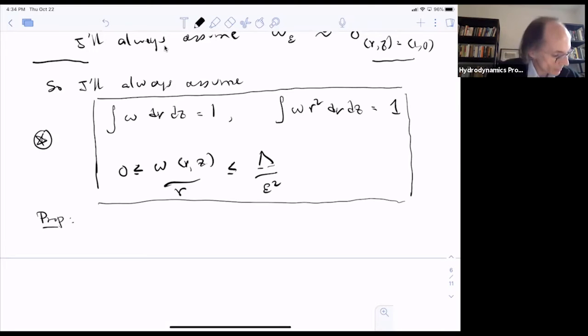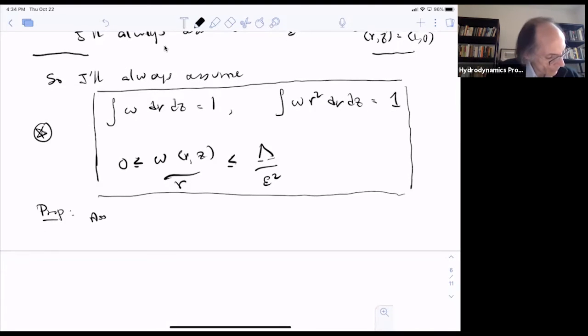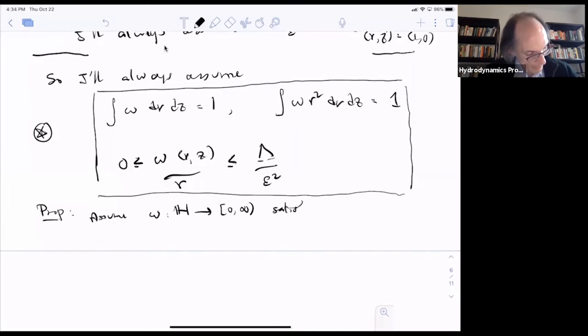Okay, so assume that omega is a function from the half plane, a non-negative function. It occurred to me today, I've never bothered to mention measurable.